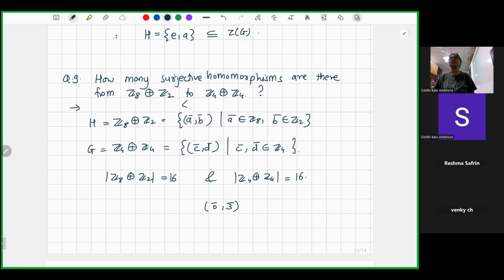Is this possible? Do we have surjectivity between these two groups? Because of the same cardinality, I will also have isomorphism. So are these two groups isomorphic?